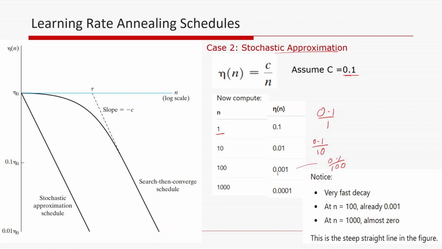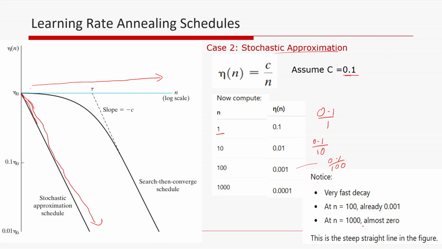When we do it like this, you can observe that as the iterations go in the horizontal direction, the learning rates are going down very steeply. It is getting decayed. Very fast decay is happening, because at n equal to 100 it is already 0.001.